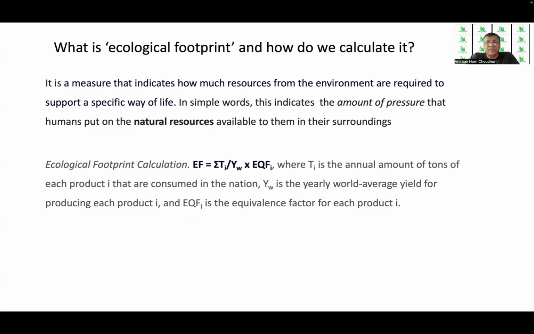In simple words, it indicates the amount of pressure that we as humans exert on the natural resources available to us in our surroundings in order to run the ICUs. Ecological footprint calculation is again based upon a complex formula, the sum of TI by YW into EQFI, where TI is the annual amount of tons of each product that is consumed in the nation.